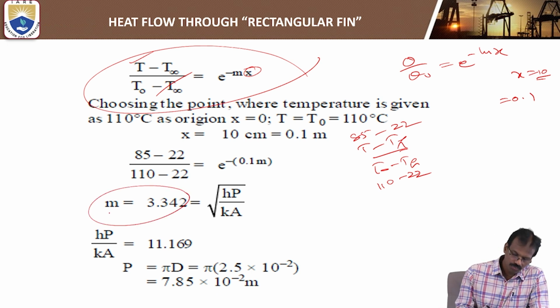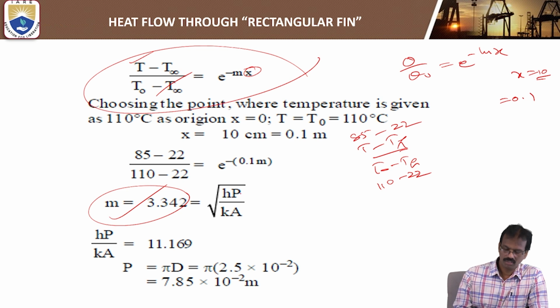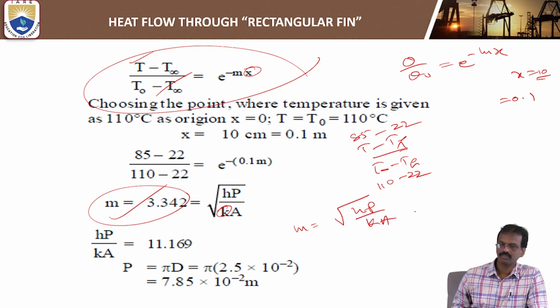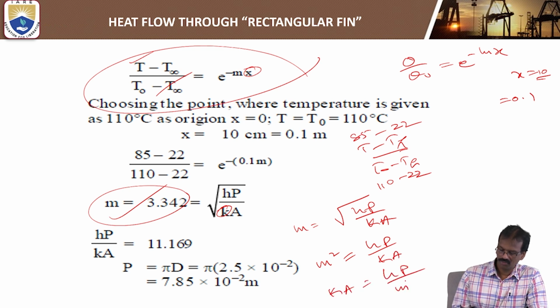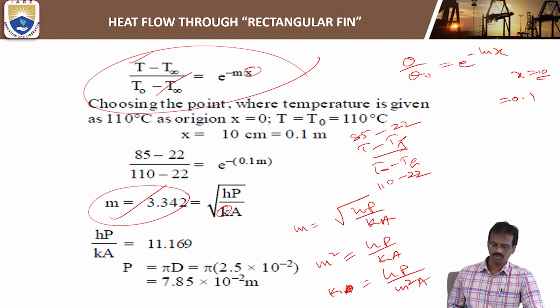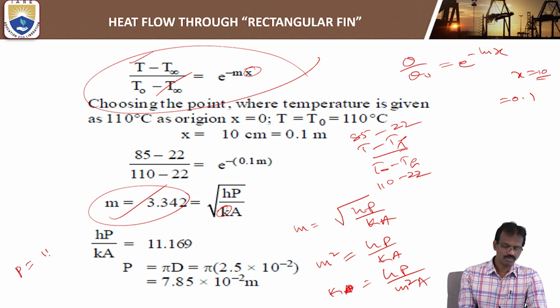Okay. So if you know the m value, you can find out the thermal conductivity k value, because m is equal to under root of hp by k. Then m square is equal to hp by k. Then k is equal to hp by m square into area. So perimeter P is equal to pi d.